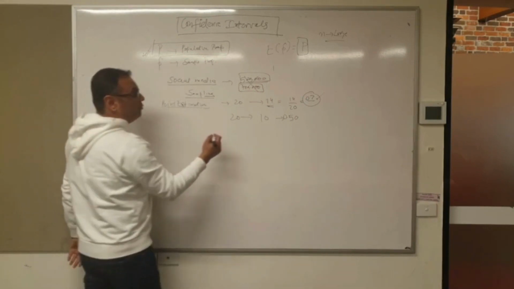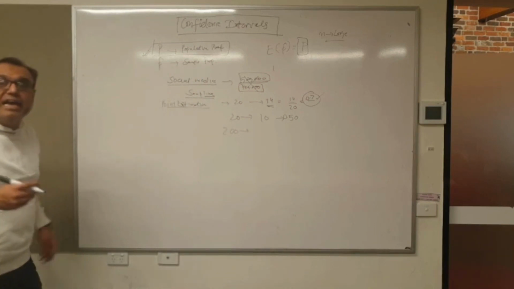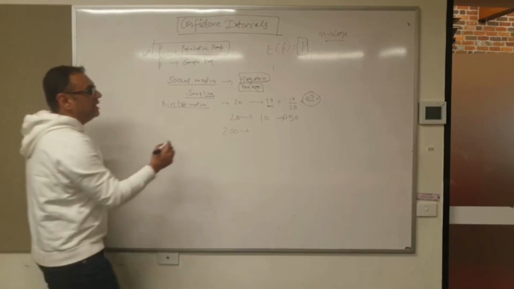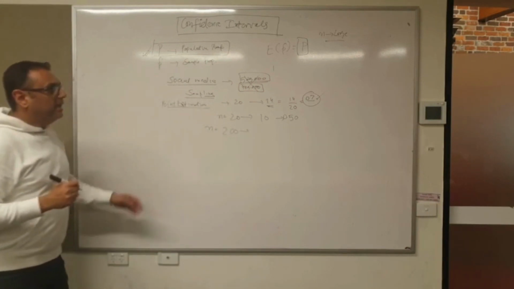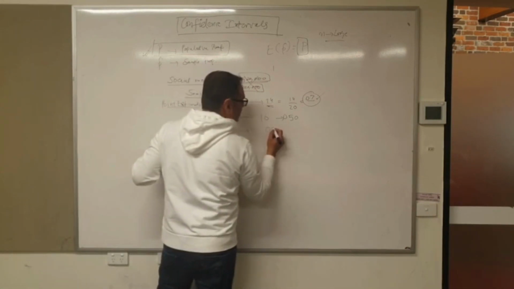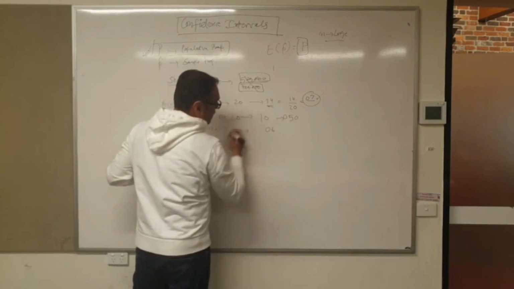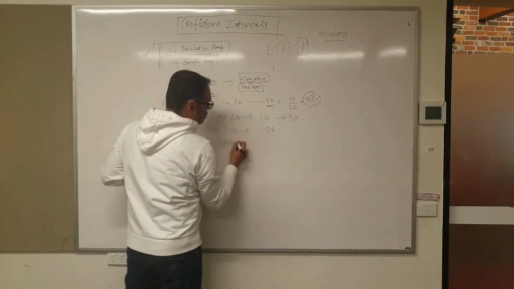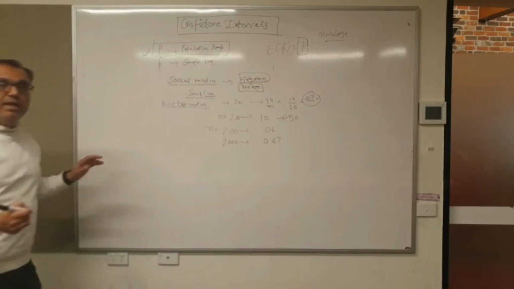Now what you can do is increase your sample size n. And then you might get a 0.6. You take another one, let's say 2000, you get 0.67, and so on and so forth.